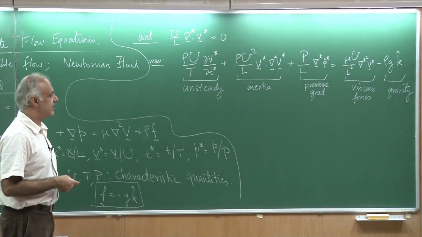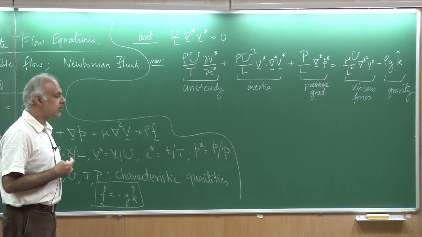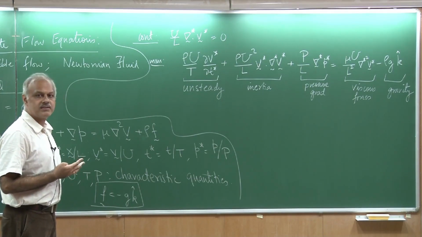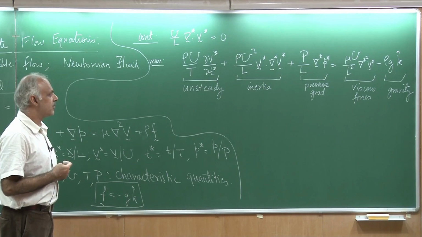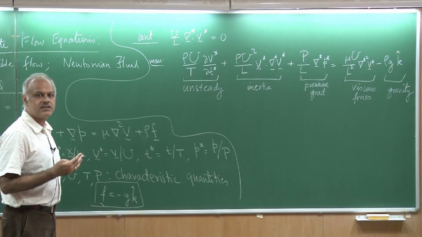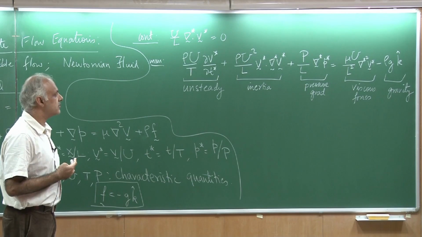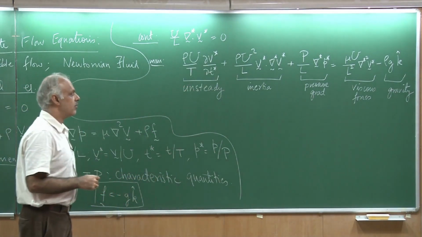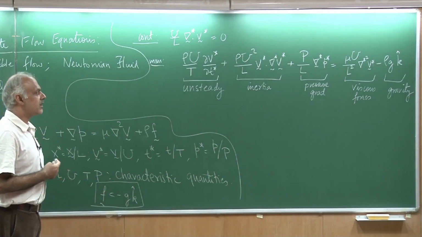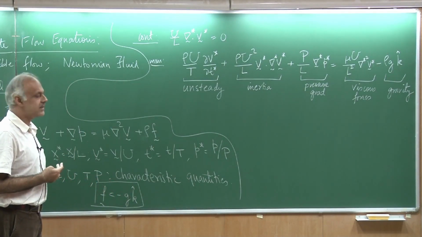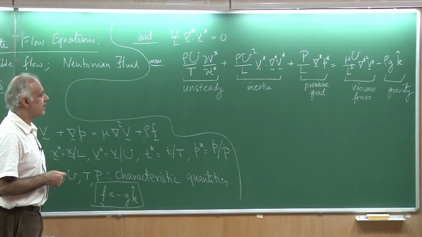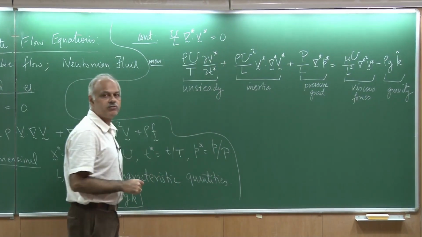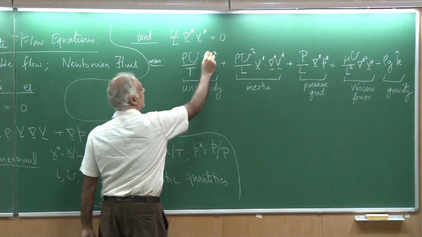Now, the argument that we are going to make is the following. V star is of the order of 1, because we have non-dimensionalized V star with capital U. Similarly, T star is of the order of 1 because we have non-dimensionalized T star with capital T, and therefore the size of this term hopefully is of the order of 1, this term over here.